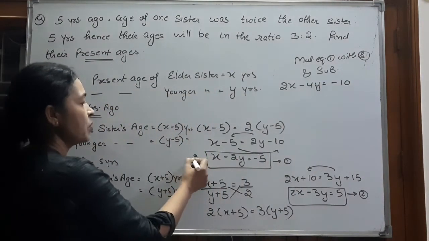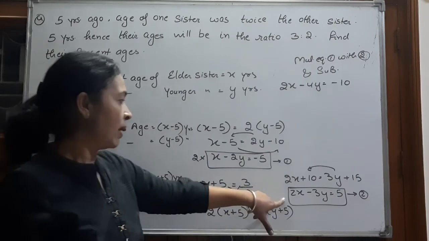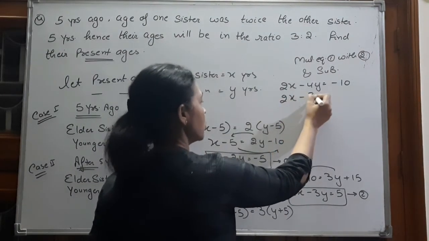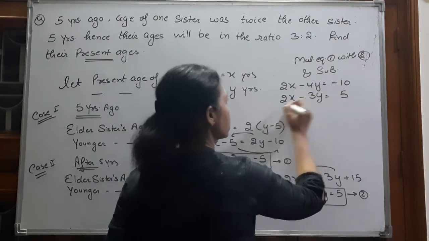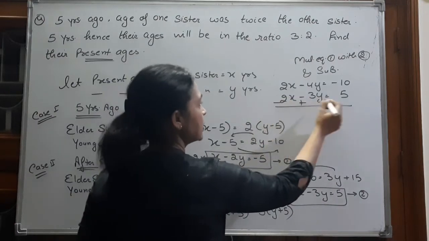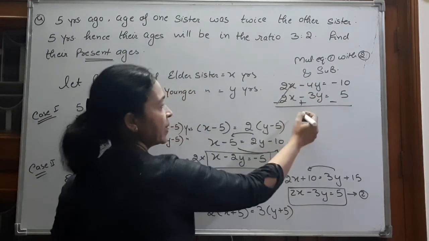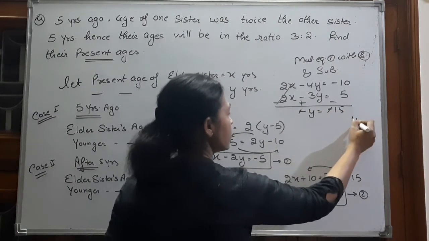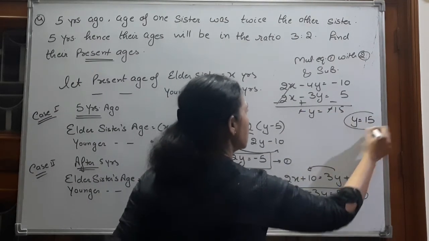Now equation 2: 2x minus 3y equals 5. Subtract, signs changed. Minus y equals minus 15, and the value of y is 15.